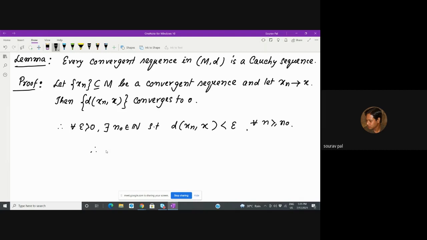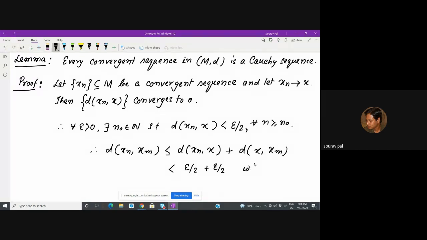Therefore, one can easily see that d(x_n, x_m), as was suggested, is by the triangle inequality at most d(x_n, x) plus d(x, x_m). You can take epsilon by 2, so this is less than epsilon by 2 plus epsilon by 2 when both m and n are greater than or equal to n naught.